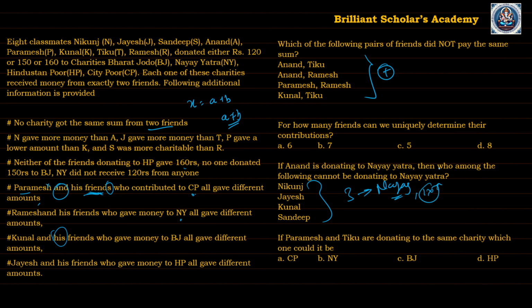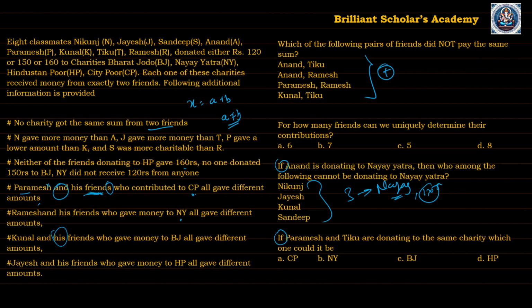This kind of understanding tells me this question will have a lot of variations in options. A question starting with "if" itself should tell you that the question is giving you more information, so there might be different possibilities or sets. If Parmesh and Tiku are donating to the same charity, which one could it be?